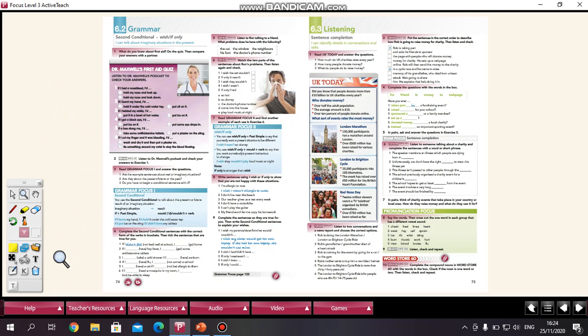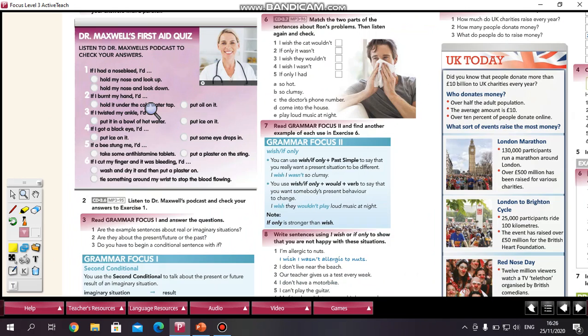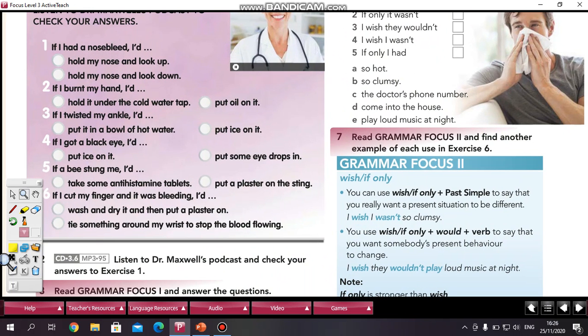So in the if clause, past simple, and in the main clause, would. The first exercise is something like a test or a quiz that is connected to injuries or bad health conditions and of course our conditional sentences. So check your answers by listening later on.